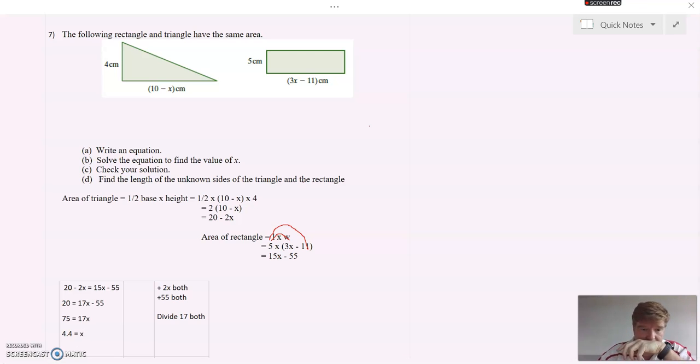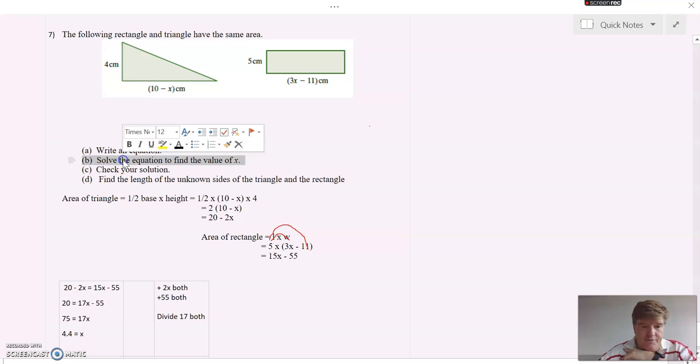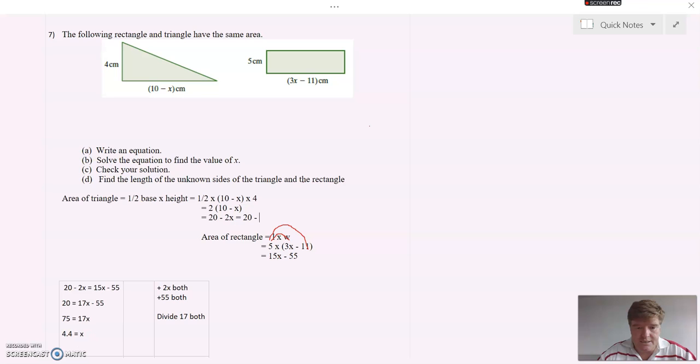So the unknown x equals 4.4. Right? So we found the value of x. So we can check our solution. The way we check our solution is we substitute back into the start. Let's find out the area if it's 20 minus 2 times 4.4, which is 8.8.